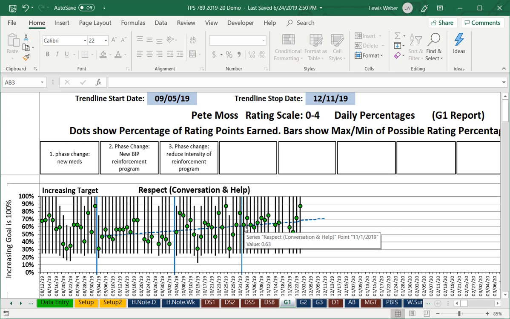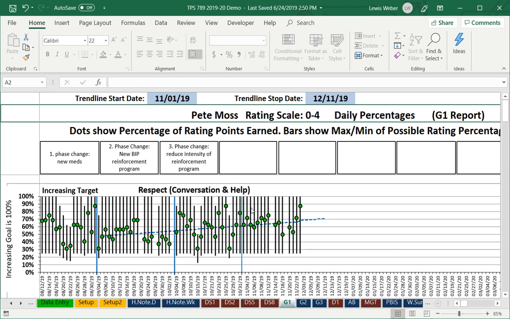So let's say on 11/1, I wanted to see how that trend line is. And so there's the trend line starting from 11/1 to 12/11. You can see I extended it out a little bit to give an idea. Now, this dashed line, because of the calculations that are being used to create this line, doesn't make it a perfectly straight line.